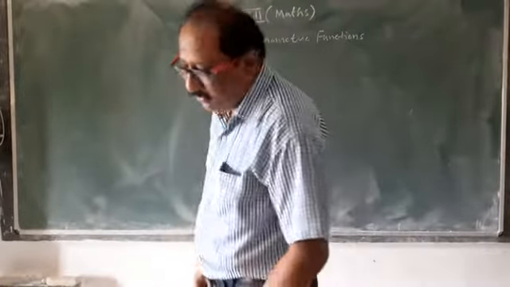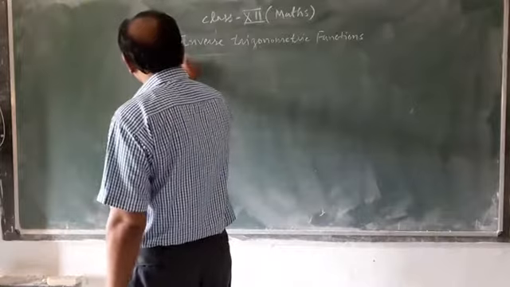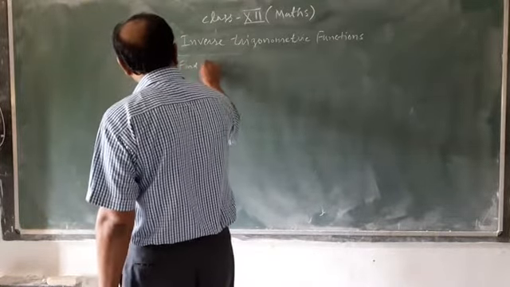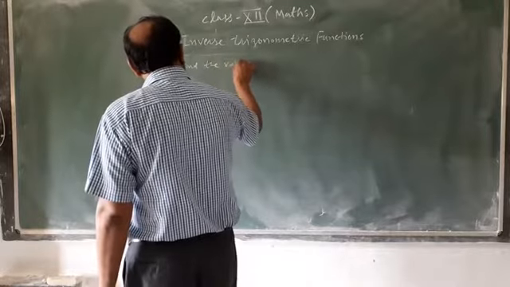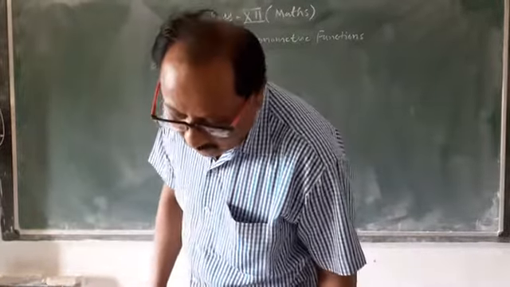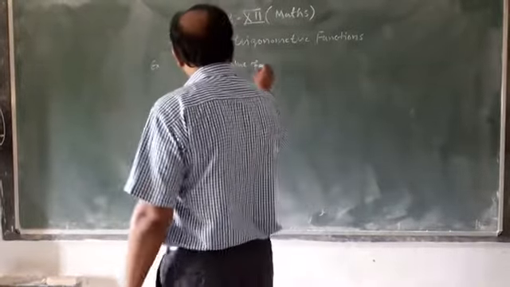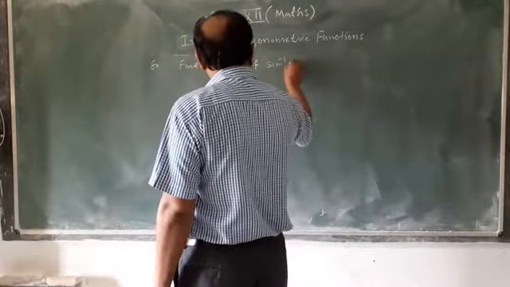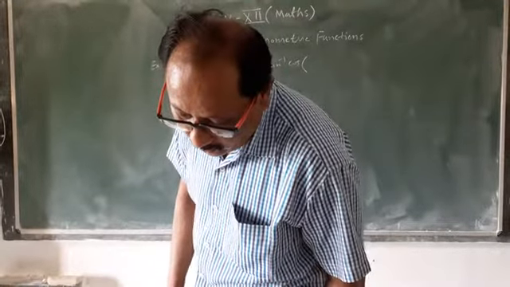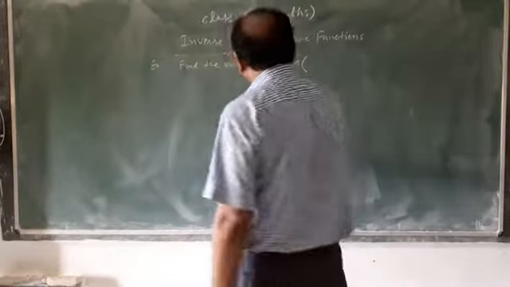Find the value of sin inverse of cos of 43 pi upon 5.